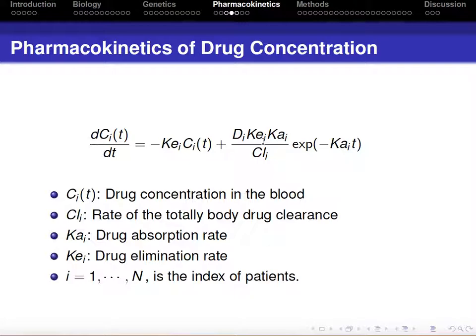So this is a mixed effect model, and because Ci is a solution of this ODE, the drug concentration Ci(t) is actually a nonlinear function of t. This is a nonlinear mixed effect model.